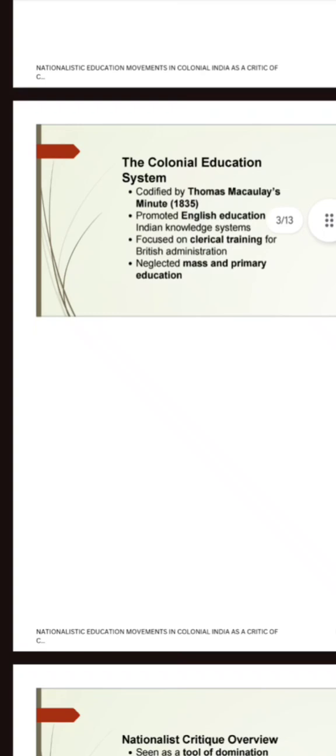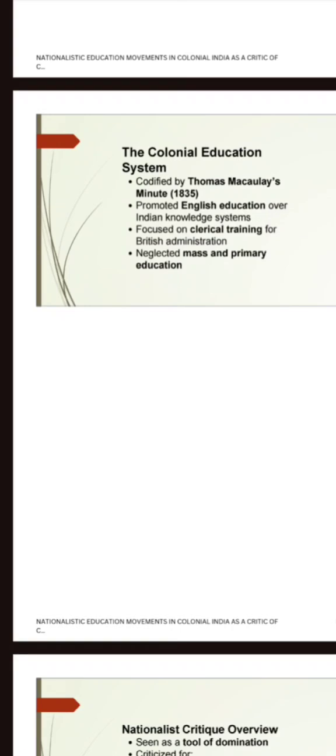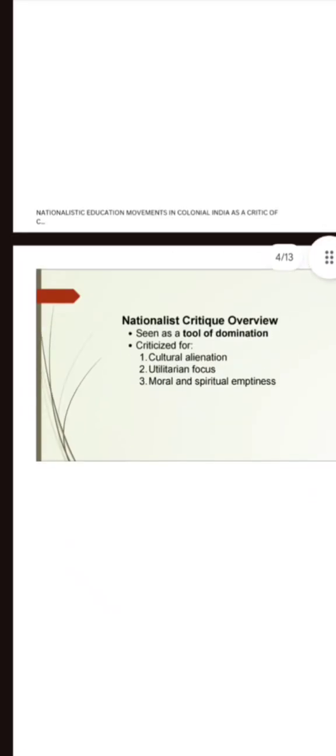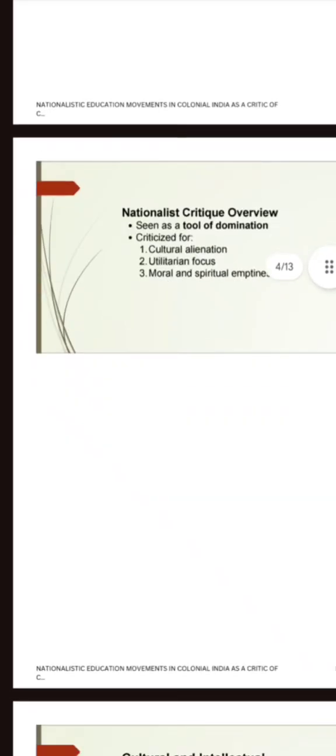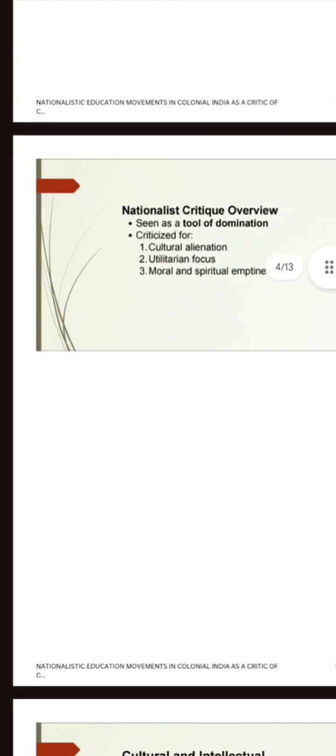The British introduced education in India to train a class of Indians who could assist in administration but remain mentally loyal to the British. However, this same education inspired Indian thinkers to change the colonial mindset and imagine a system rooted in national culture and self respect.